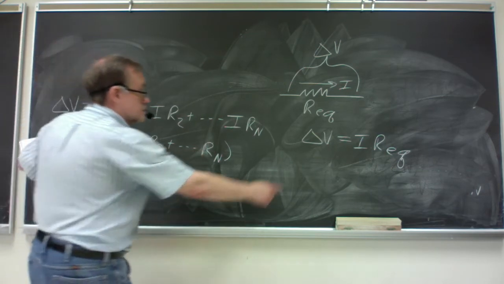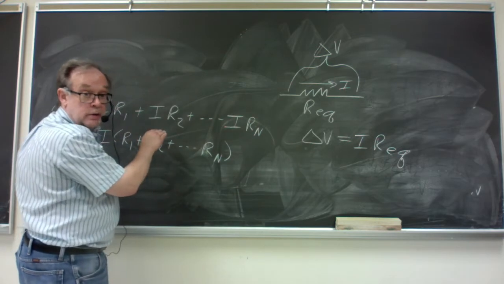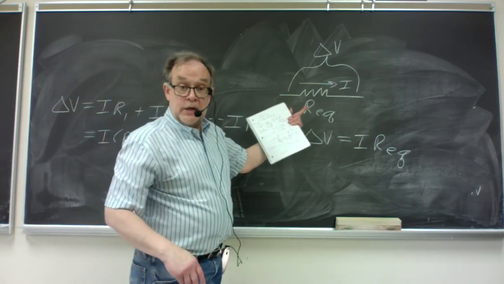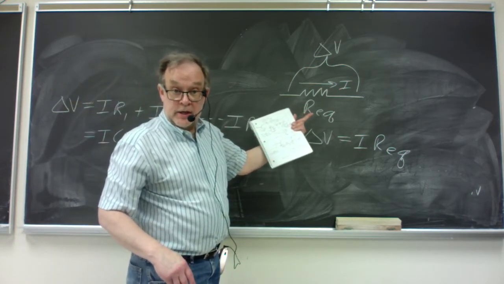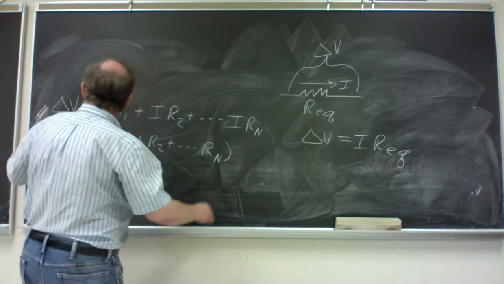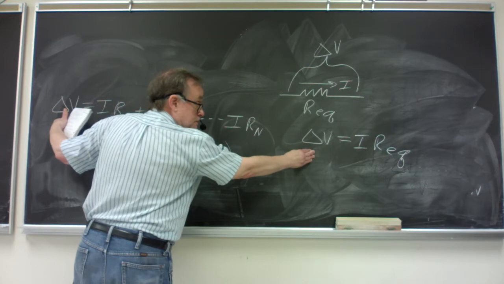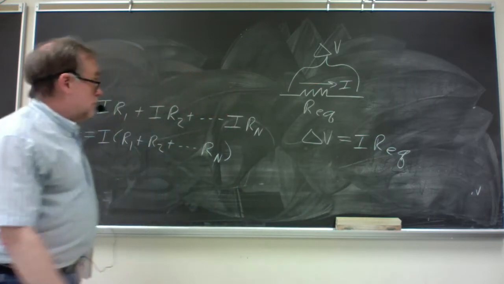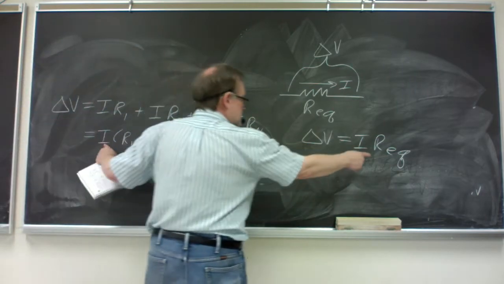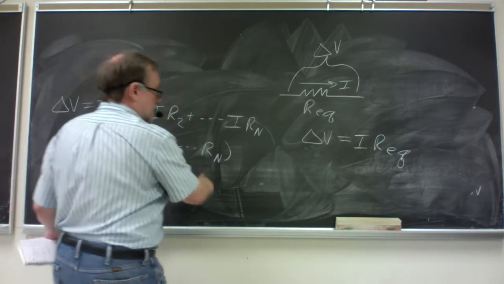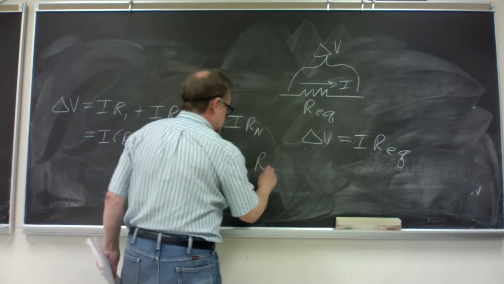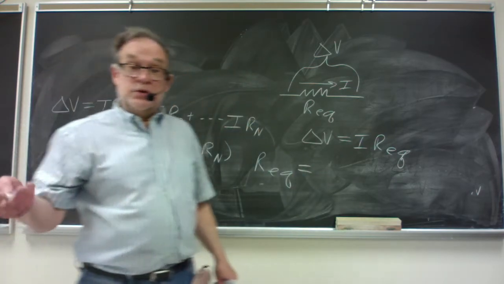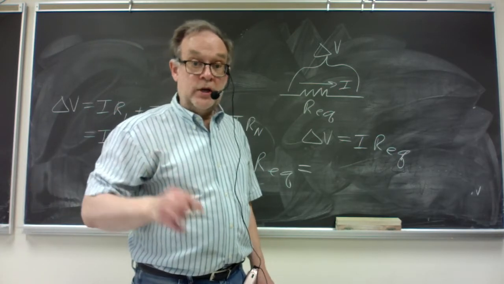But whether we're thinking about the actual real N resistances all in a row or the one imaginary resistor that is equivalent to that series, it's equivalent because it's the same potential difference and the same current. So if these terms are the same and if these factors are the same, then this factor has to be the same as that factor. The value of the equivalent resistance is just the sum of the individual resistors in the real circuit.